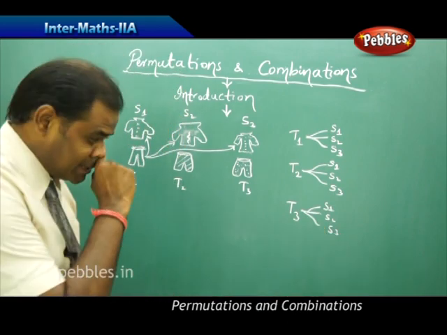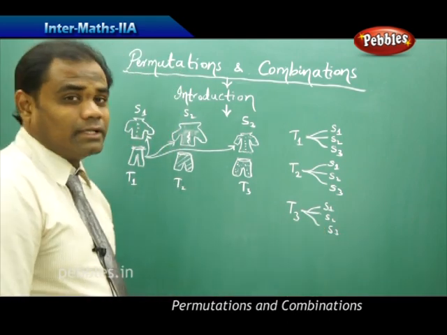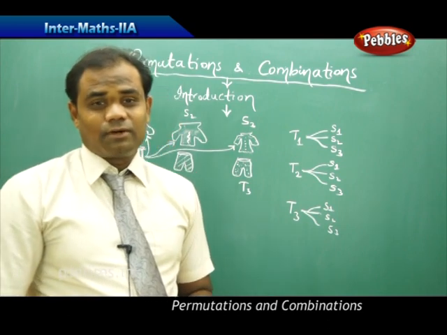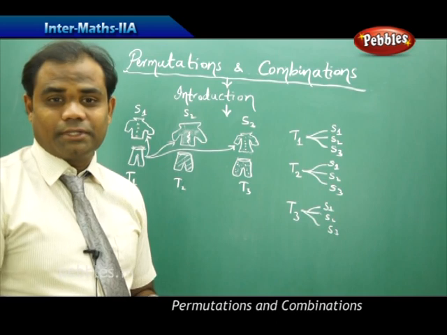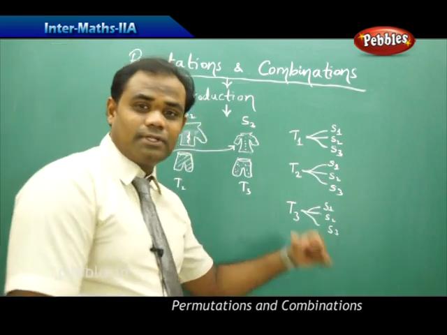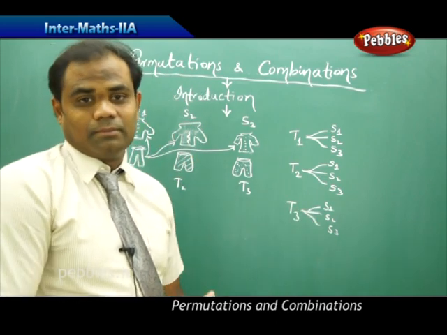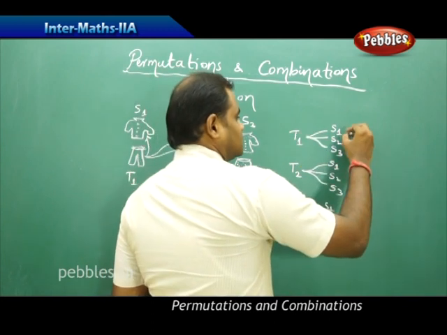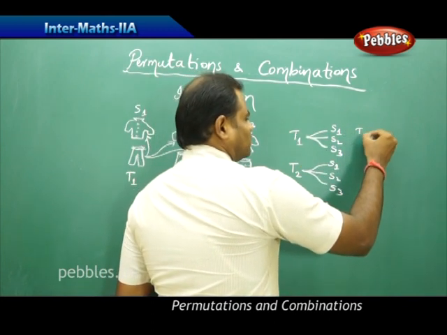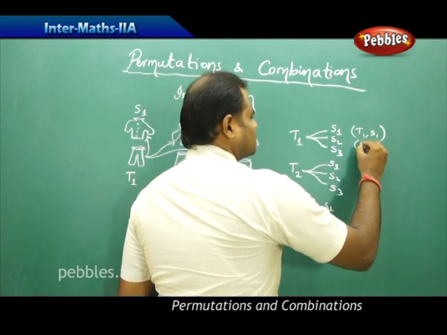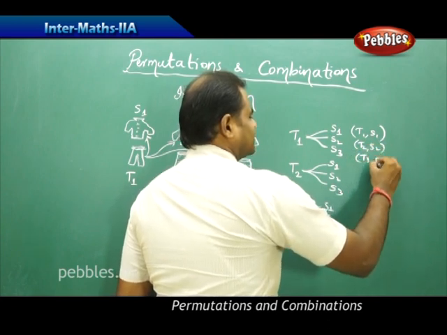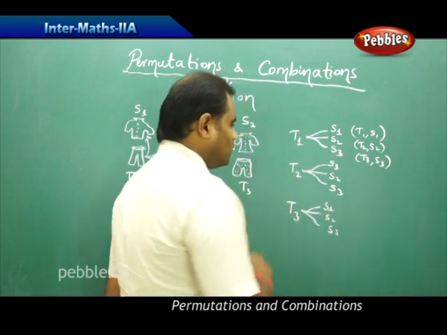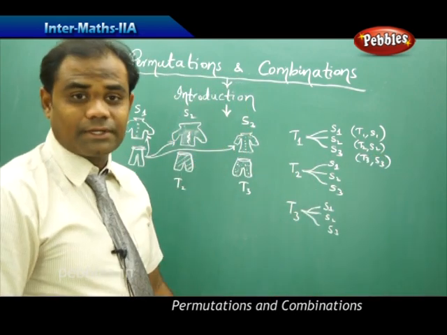So with this I understand that there are totally how many possible ways of wearing a trouser and a shirt, the different combinations of a trouser and a shirt. Then totally I see for this exclusive example problem as a puzzle that T1 S1 is one possibility, then T2 S2 is another possibility, and T3 S3 is the third possibility of the combination of a trouser and a shirt.